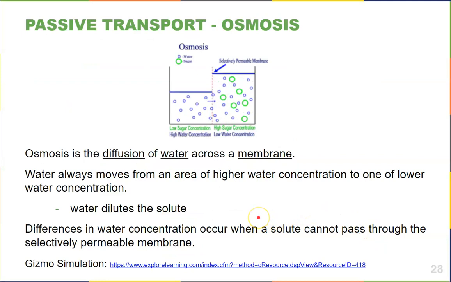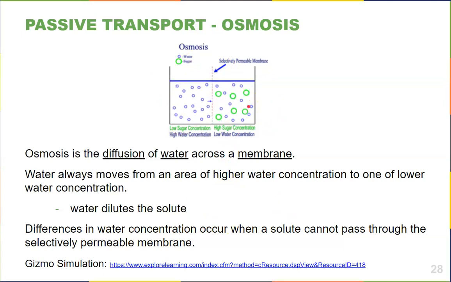Okay, so osmosis is another way that we can do diffusion. Osmosis just refers to water moving across a membrane. Water likes to move to dilute a substance. If we take a look at this GIF here, the green circles are sugar, the blue circles are water.